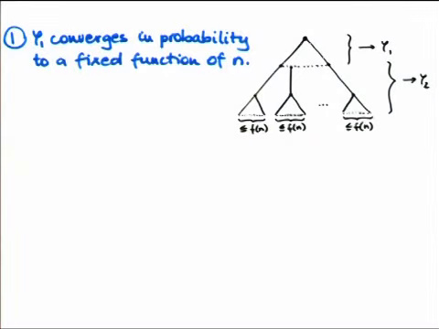Okay, just very briefly, the three main steps. It can be seen that phi1, the contribution of the central core, converges in probability to a fixed function of n, which is non-random.